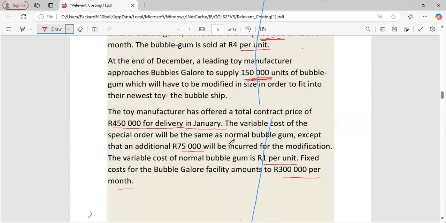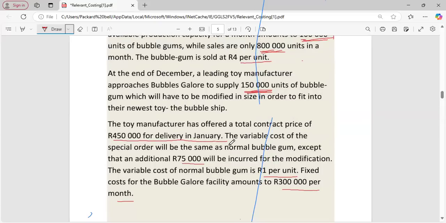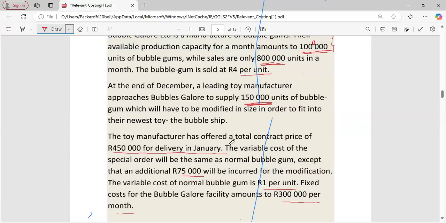Let's just look at the relevant. The 800 units, sales of 800 units in a month, are they relevant? No. Not relevant.